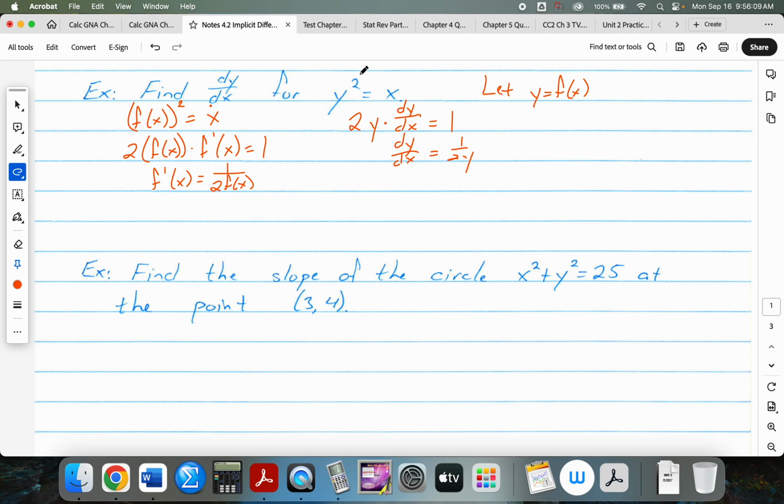If we're taking its derivative, we need to use the power rule, leaving the inside part alone, times the derivative of the inside part, dy dx. For some people, it's helpful to put every y in parentheses, because then it's like, oh, yeah, that's not just y, that's a function.